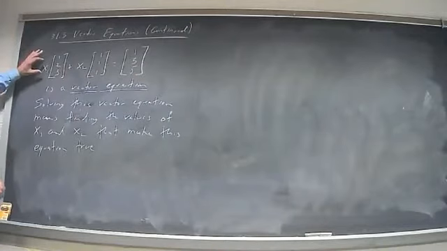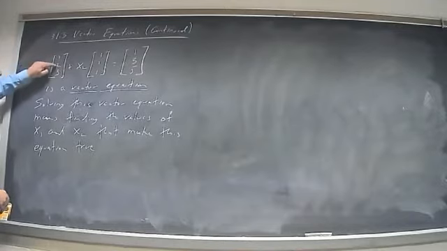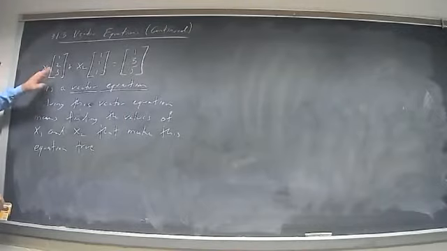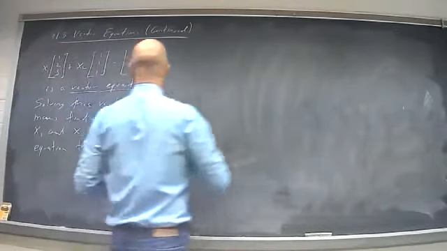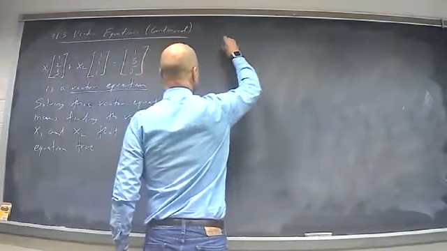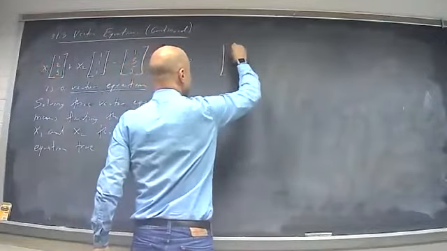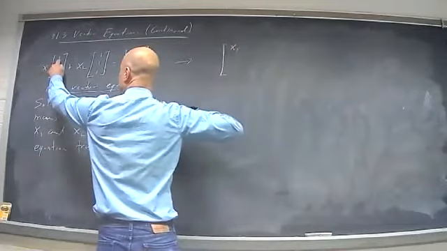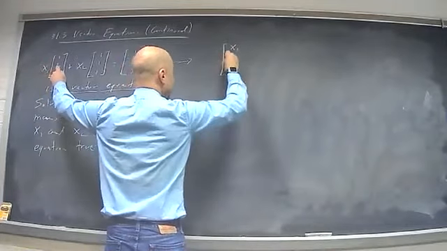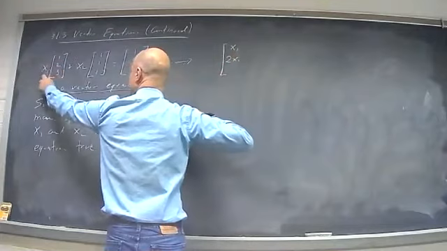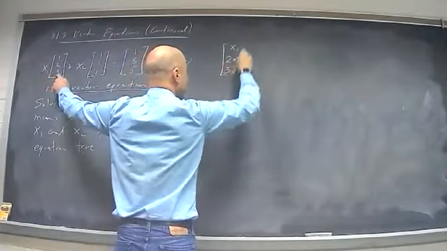You know how to take a vector and multiply by a scalar. You just take the scalar and multiply every single entry in the vector by the scalar. So I can rewrite this. If I take x1 and multiply it by 1, 2, 3, that's just x1 times 1, x1 times 2, 2x1, x1 times 3, 3x1.